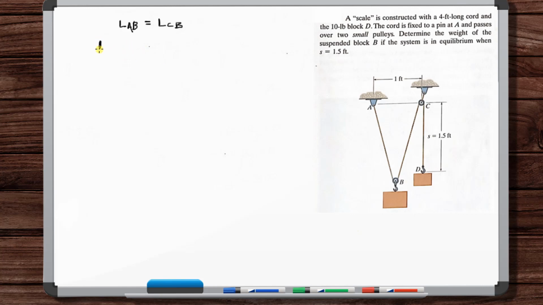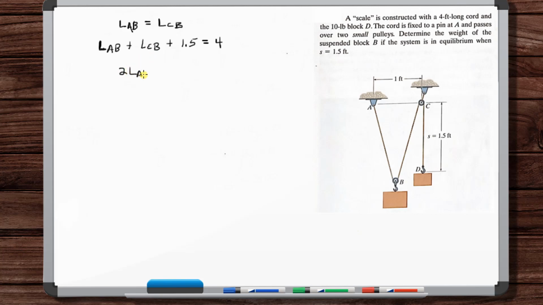And so we know that LAB plus LCB plus 1.5 is equal to 4, right? So let's just substitute LAB for LCB.